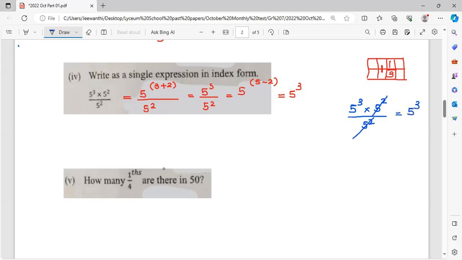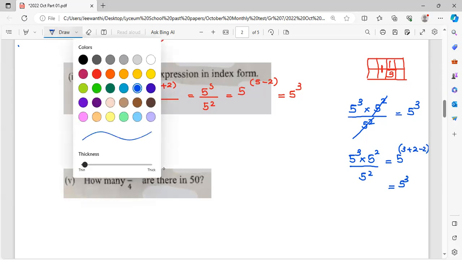That is one method. Another method: 5 to the power 3, 5 to the power 2, and 5 to the power 2, you may have written it as 3 plus 2 because it is a multiplication, and minus 2 because it is a division. So then you can get the answer 5 to the power 3.